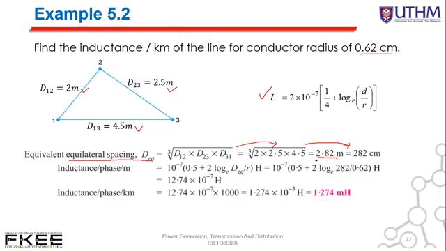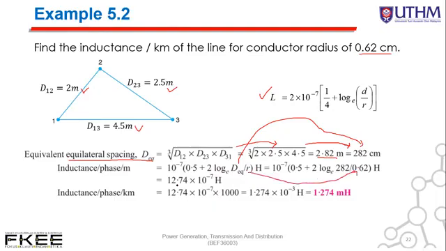To calculate the inductance per phase per meter, you can use the formula 10 to the power of minus 7 times (0.5 + 2 log_e of the equivalent distance divided by the radius r). The equivalent distance is from this one, and r is the given radius, 0.62.